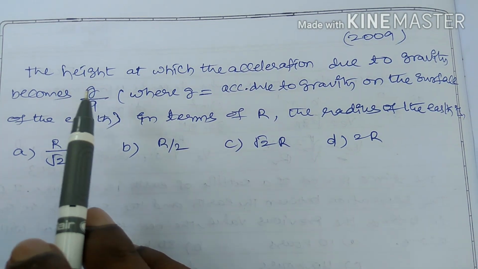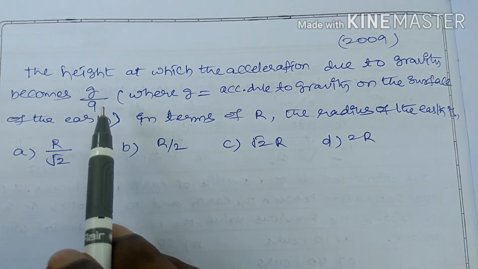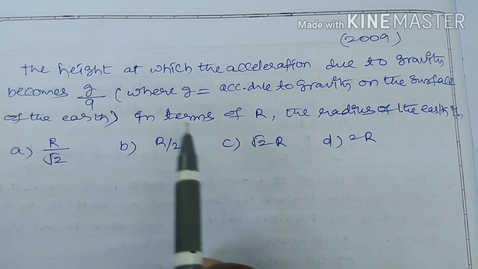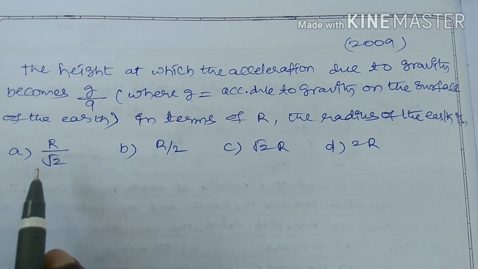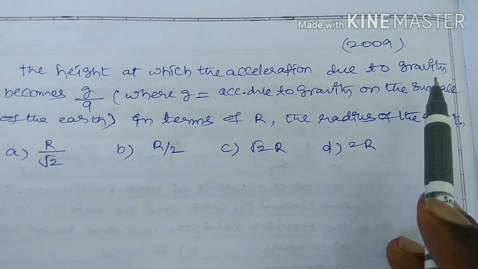Coming to the next question: the height at which acceleration due to gravity becomes g by 9, where small g is the acceleration due to gravity at the surface of the earth, in terms of R, the radius of the earth. There are options. The height at which the acceleration becomes g by 9, we have to find.